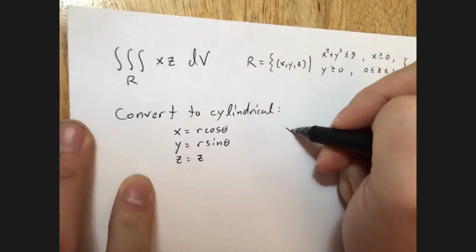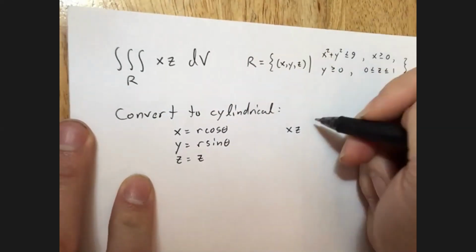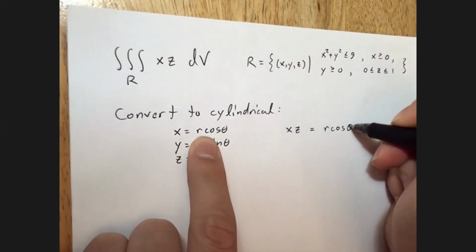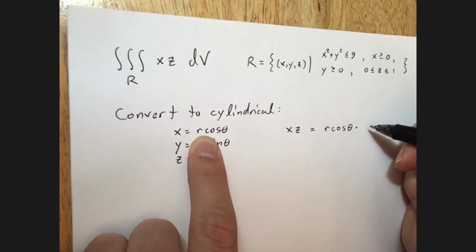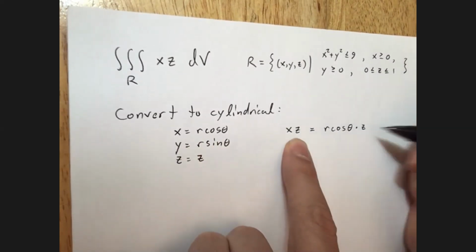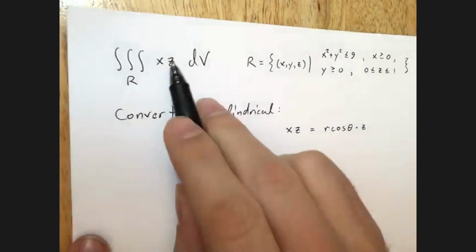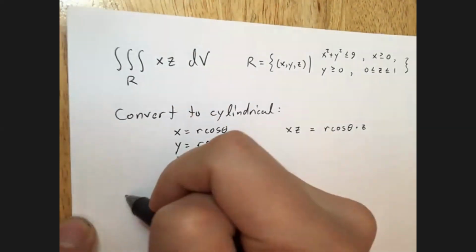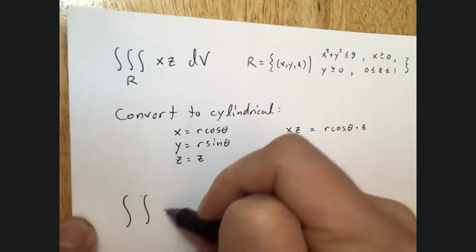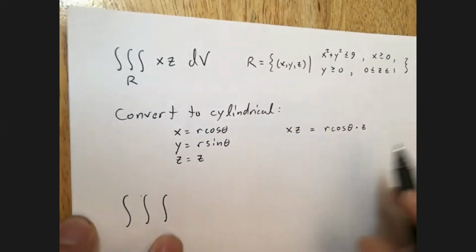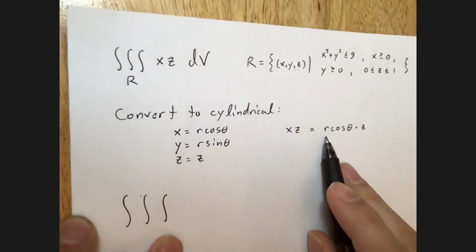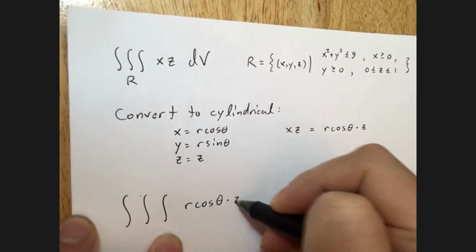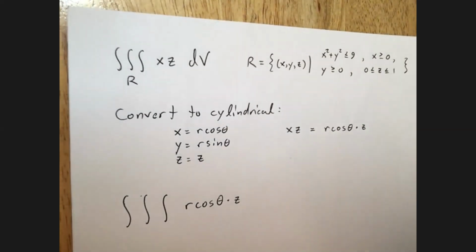Well, xz, our integrand, that's what we call the thing that we're integrating, is going to become r cosine theta times z, since z stays z. So in our integral down here, we'll just leave it like this: r cosine theta times z.